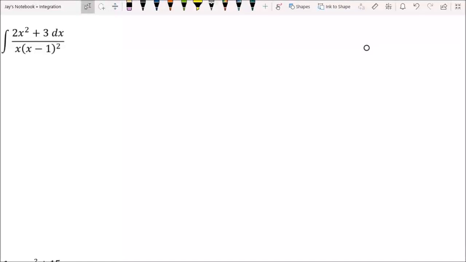So here we can decompose it into x squared plus 3 over x times (x minus 1) squared. It could be what? A over x, since our exponent of x here is only 1, only the first degree.